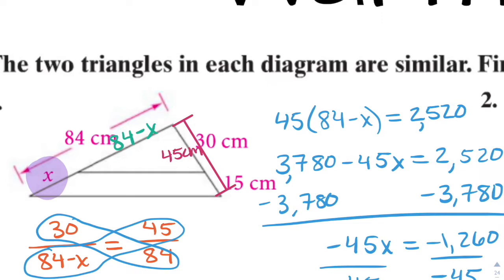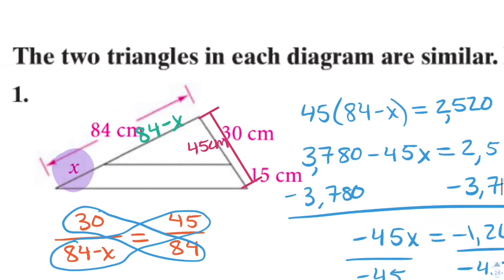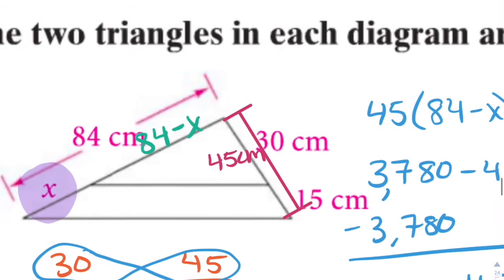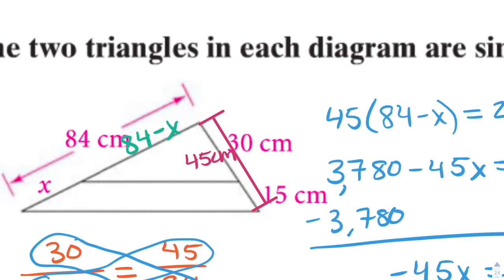I really don't know what x is, but I can just say that whatever it would be, if I take it away from 84, that is what's left over above it. So that's what I did. I left this part right here as 84 minus x, because whatever x may be, I'm going to take that away from 84.